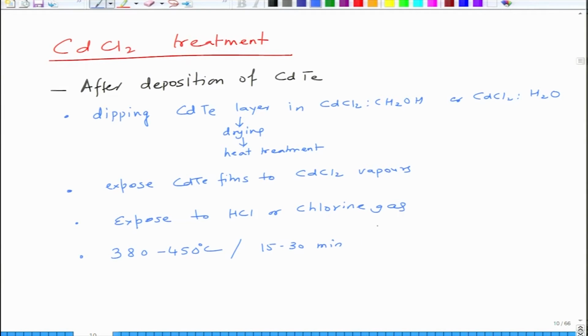And oxygen treatment is useful. So, if you do an oxygen treatment at about 450 degree centigrade it is useful. So, all these things lead to reduction in the sheet resistance. So, what you obtain is reduction in sheet resistance by about 2 to 3 orders of magnitude.